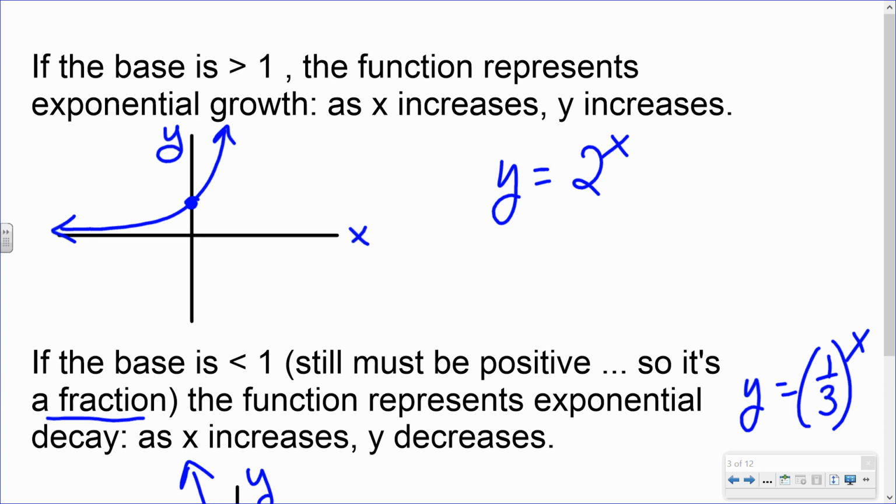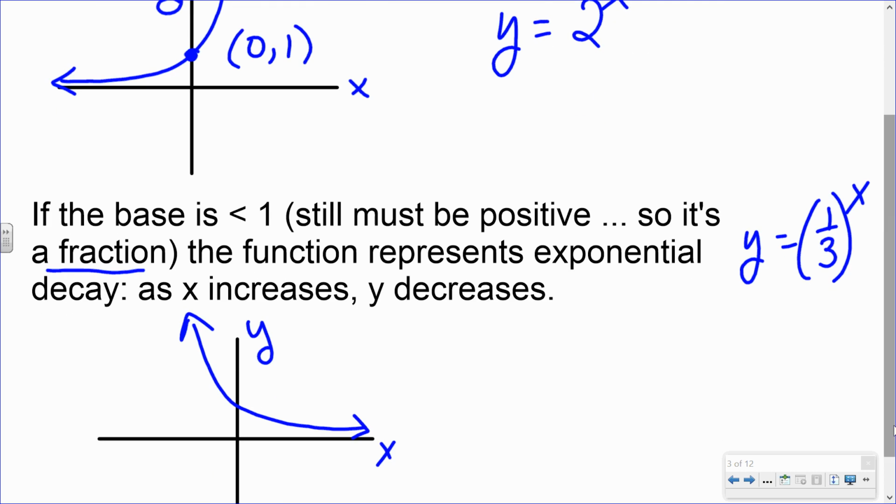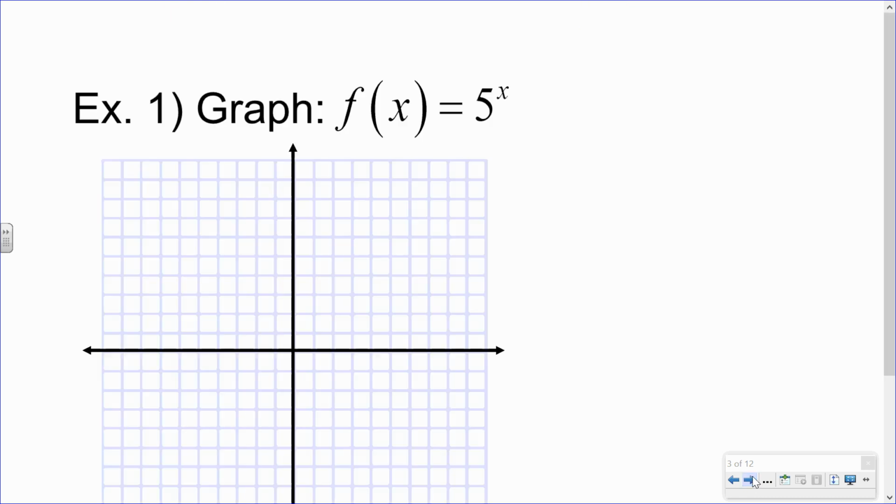If x is 0, what's y? 1. So the y-intercept, unless we have had a shift, is 0, 1. Same thing true if it's decay. If x is 0, what's y? So unless we have shifted that function, it's always going to have a y-intercept of 1. Or multiplied the whole thing by something.